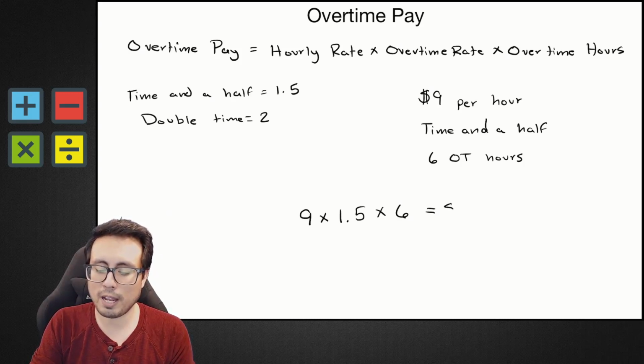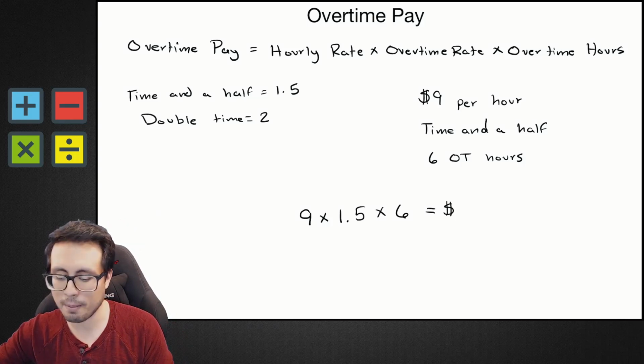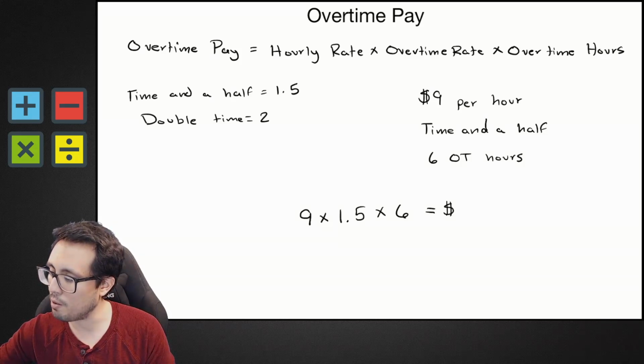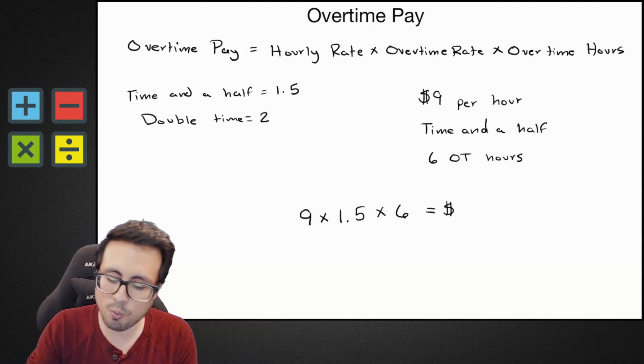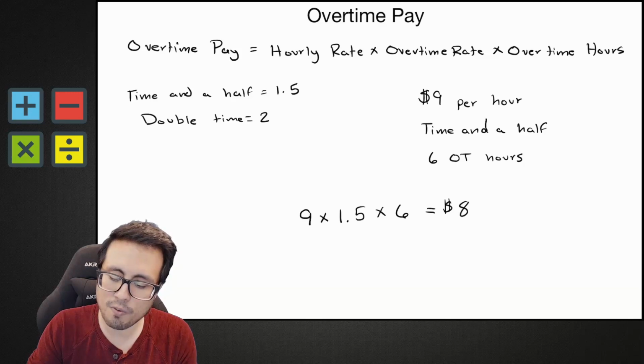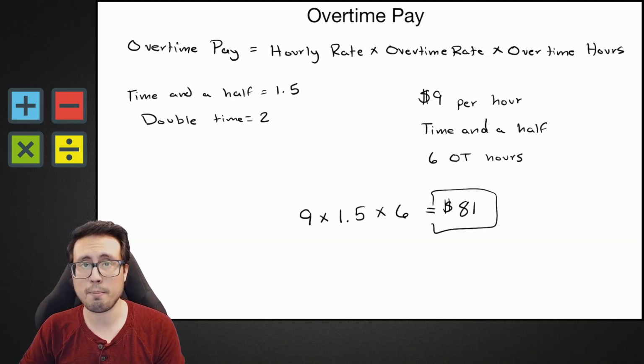And if I multiply these three together, that will tell me what my overtime pay is. So go ahead and multiply those out. And if you multiply them out, you should get $81, which means that our overtime pay is $81 of overtime pay.